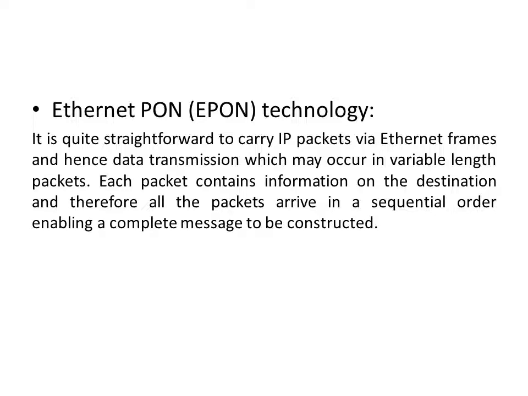Each packet contains information on the destination, and therefore all the packets arrive in sequential order, enabling a complete message to be constructed. So in Ethernet PON, instead of sending IP data packets or Ethernet data packets, they are transmitted through Ethernet PON technology packets, IP packets via Ethernet frames, as data transmission may occur in variable length packets.